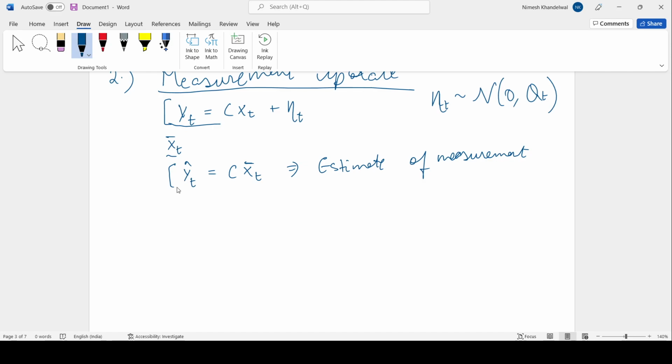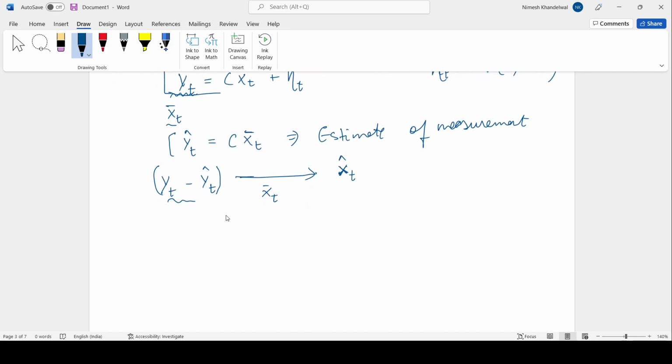What I want to do is include the difference between my measurement and the estimate of the measurement, and somehow use it to update my x bar of t further, to get the final, corrected x hat of t. Essentially the final mean that now has the correction due to measurement in it.